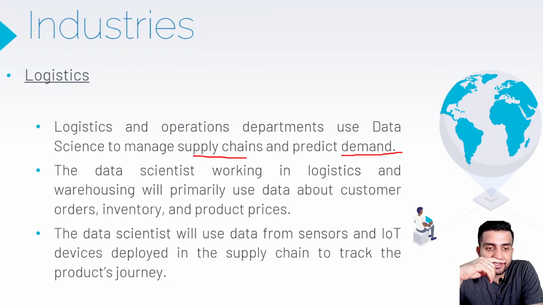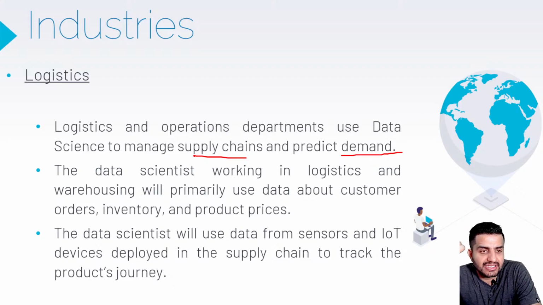The data scientist will also use data from sensors and IoT devices deployed in the supply chain to track the product's journey. Yes, data scientists capture the relevant data pointers for logistical support like the trucks and other mid-size vehicles generally used for logistical support.